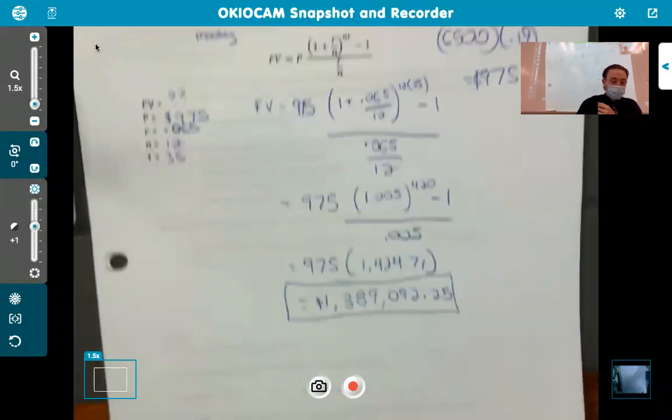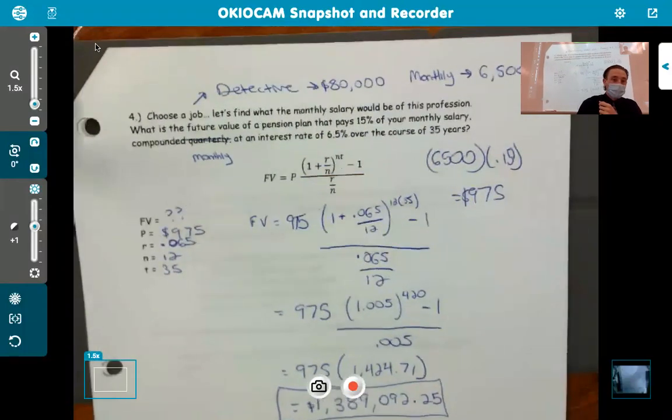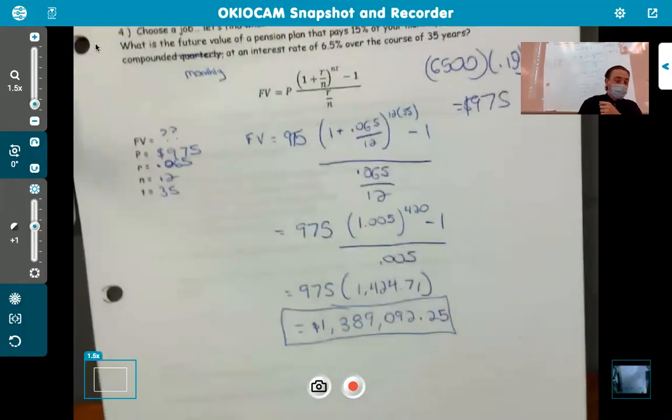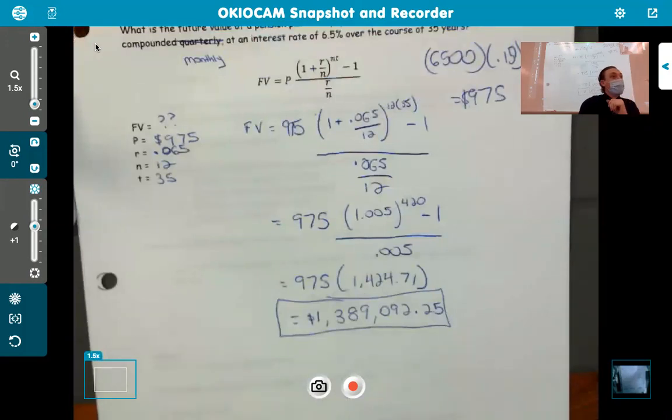I wanted to give you some accountability there. You get to choose your own job, figure out this stuff. So if you can put away $975 a month into this account, you find $1.3 million waiting for you when you're done being effective. Interesting stuff. Any questions about that example?